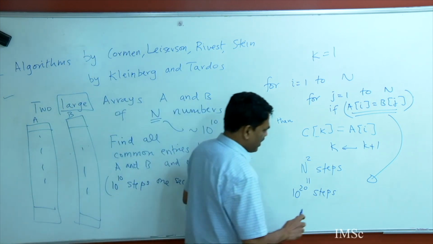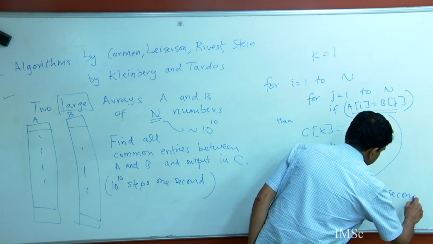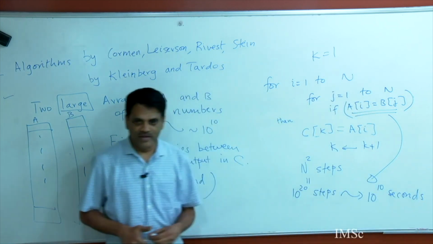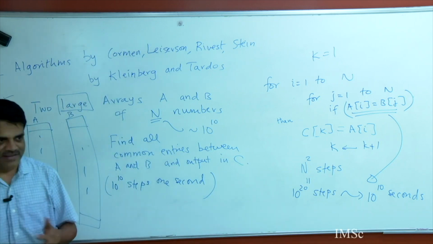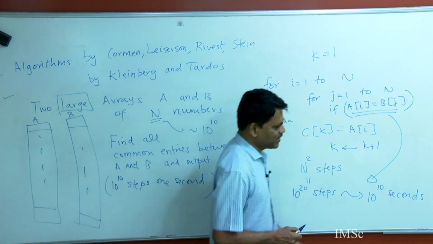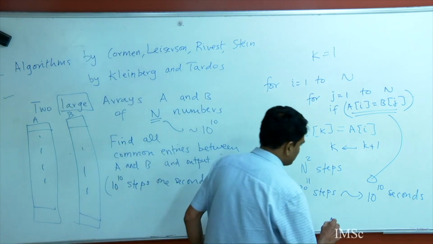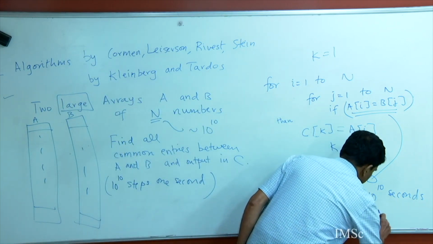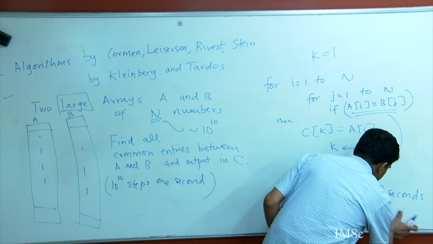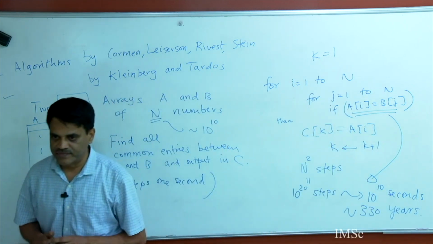Anyway, you all agree that this will take 10 power 10 seconds. Which means how many days, how many months, how many years? If you Google it, you will see that this is about 330 years or so. It's a simple calculation: you know how many seconds there are in a year, and you divide.